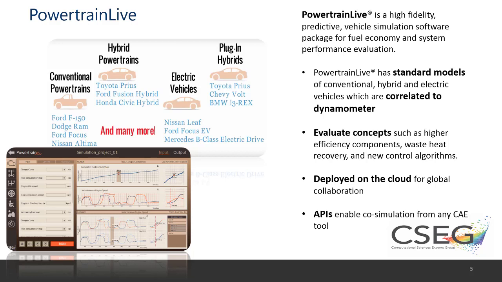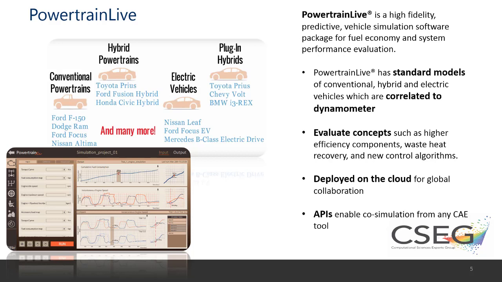PowertrainLive actually comes with a few standard models. So there are standard models on conventional powertrains, such as Ford F-150, Dodge Ram, smaller cars such as Ford Focus, hybrid powertrains, plug-in hybrids such as the Chevy Volt, and also electric vehicles.